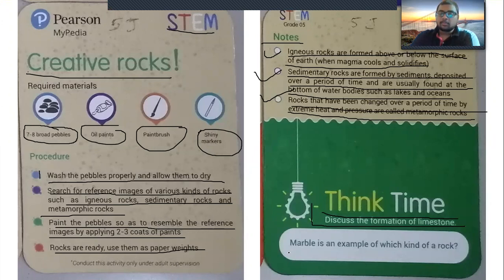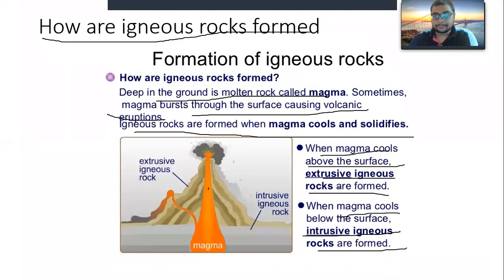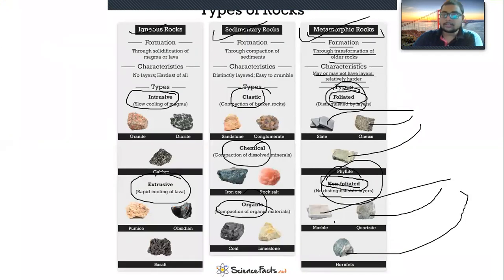Then there's one question: marble is an example of which kind of rock? Again, we have seen this. Let us go back and see. Do you remember this? Marble is here, and marble is a metamorphic rock. It's not phyllite; phyllite is another type of rock.